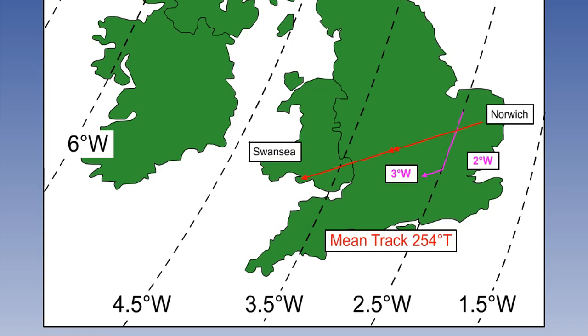We must now alter heading to give a magnetic track of 257. Similarly, as we cross the 3.5 degree isogonal, the variation becomes 4 west. Another alteration of magnetic track, this time to 258, is required to maintain a track of 254.